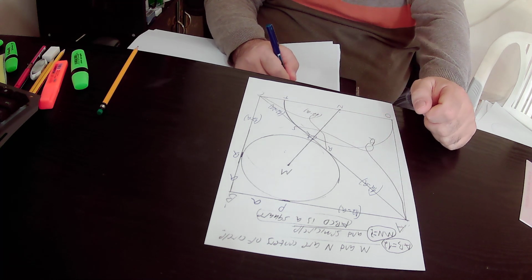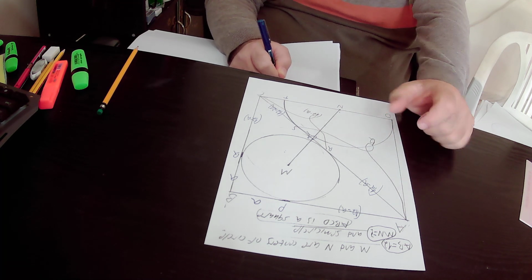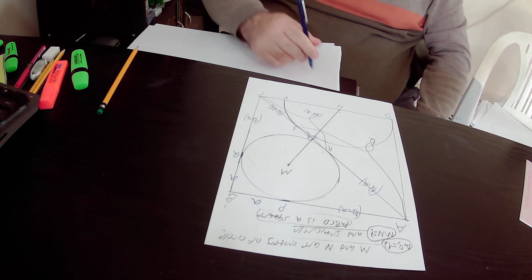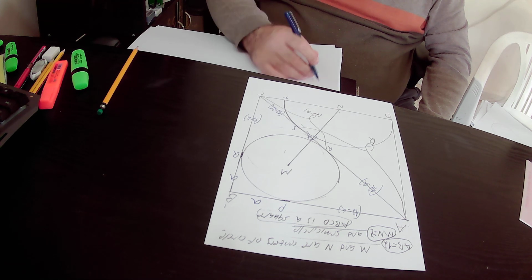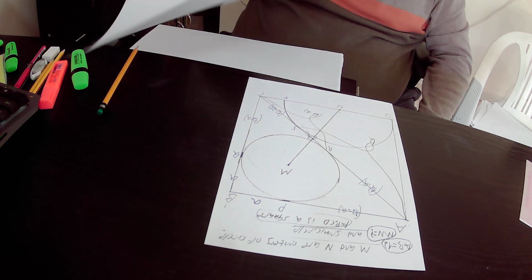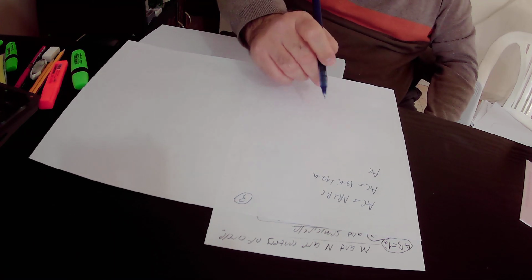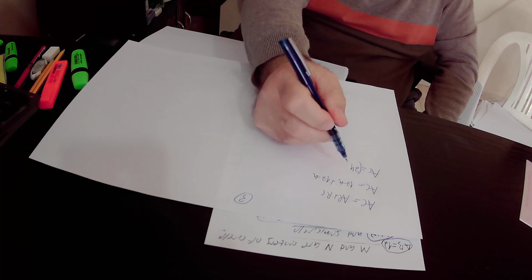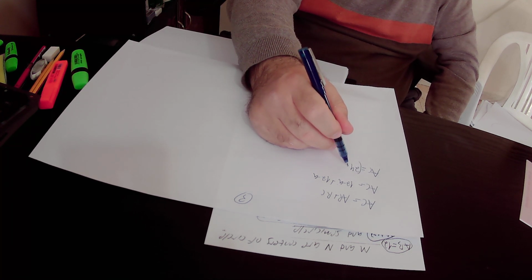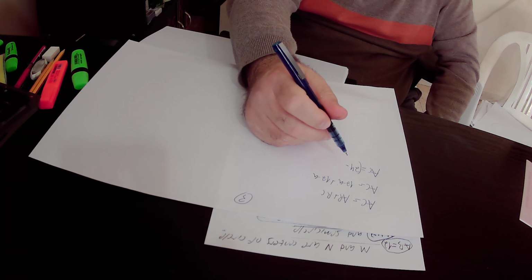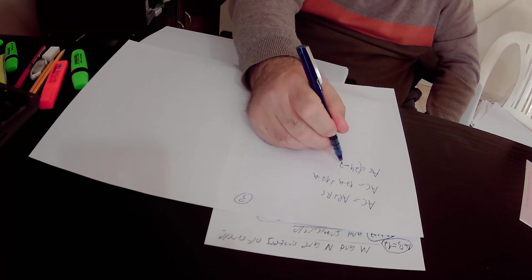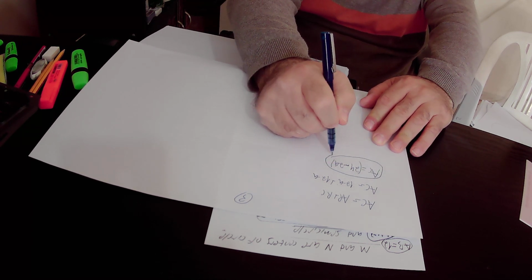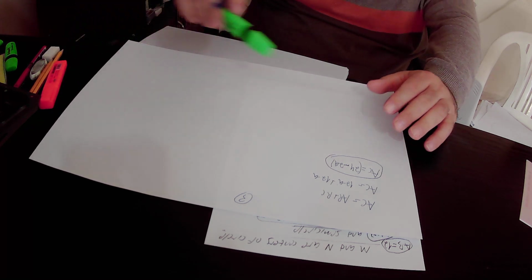AR is equal to 12 minus A, and RC is also equal to 12 minus A. In conclusion, we found out that AC equals 12 plus 12, which is 24, minus A plus minus A, which is minus 2A. So the length of the diagonal AC is equal to 24 minus 2A.